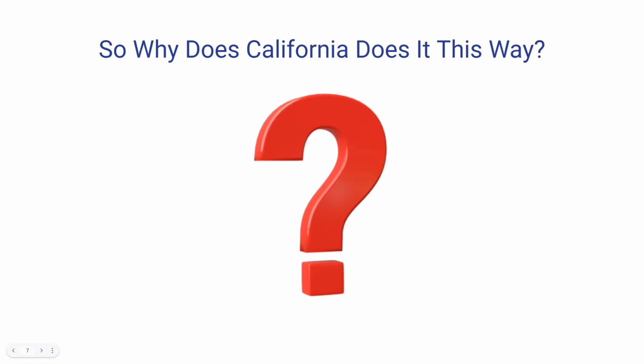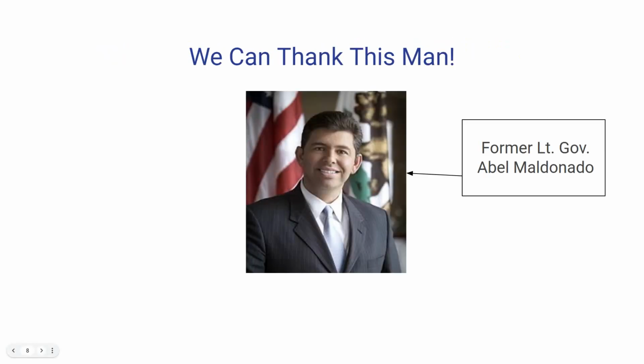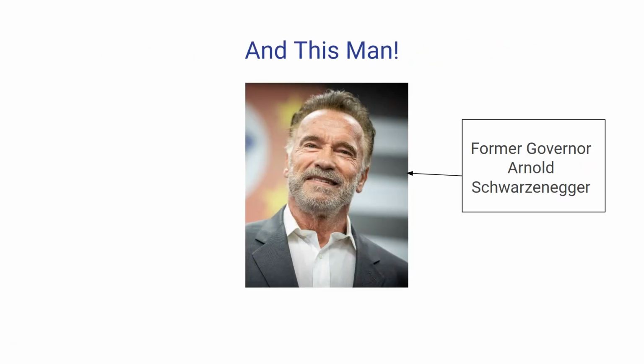Now, since you know the current electoral system that California uses for governor, congressional, state legislature, U.S. Senate, and for elections to the presidency, you may all be asking me why California uses this system. Well, we can thank this man, former Lieutenant Governor Abel Maldonado, and we can also thank this man, former Governor Arnold Schwarzenegger.